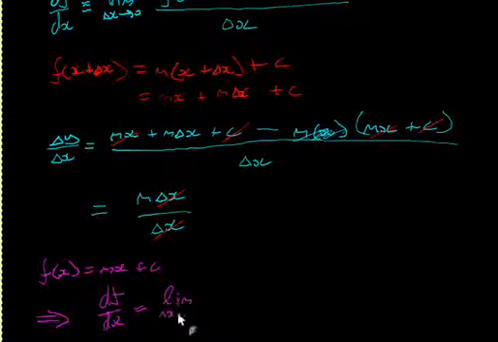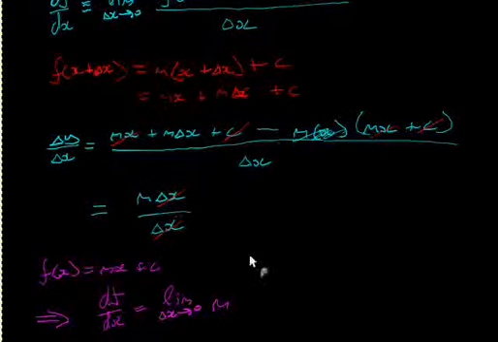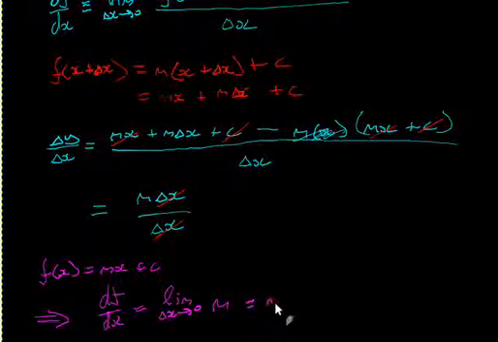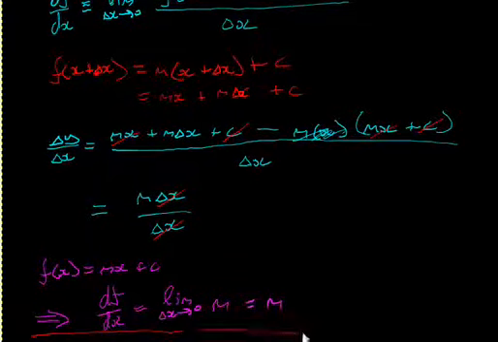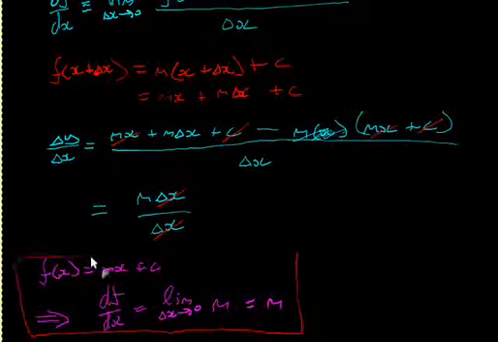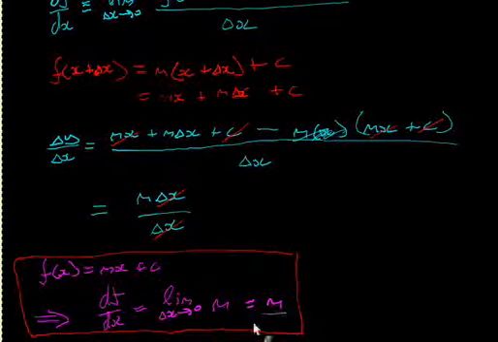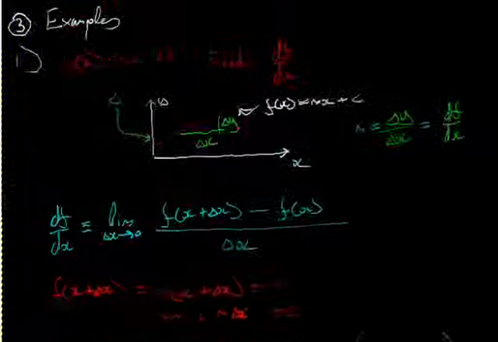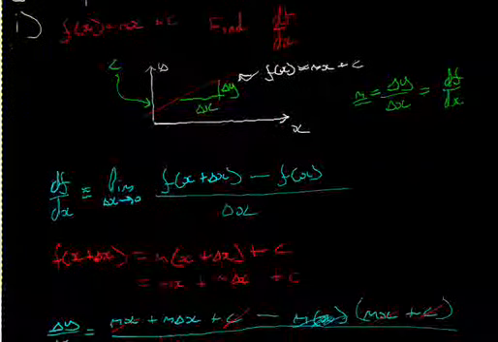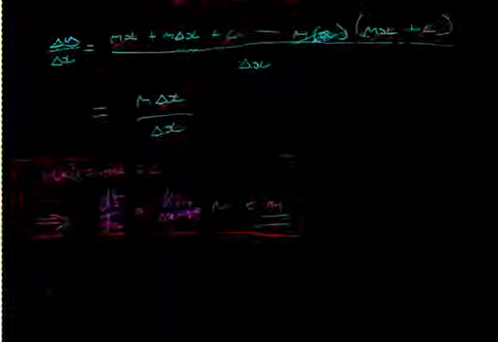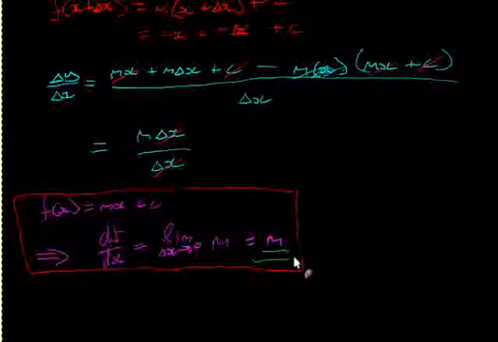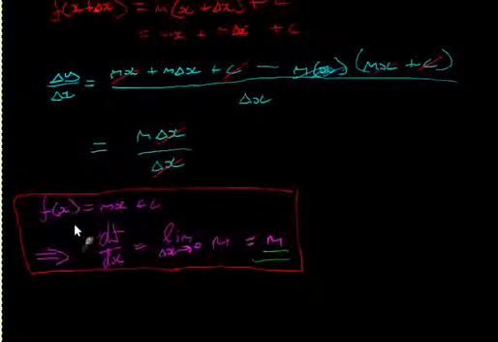Now this is very simple because all we need to do is cancel the delta x's, and I think you can see where this is going, because now we can write that if f of x equals mx plus c, this implies that df by dx equals the limit as delta x tends to naught of delta y by delta x, which is the same as m, which we've just derived, and there are no delta x's here, so if we set delta x equal to naught, we will come out with just m.